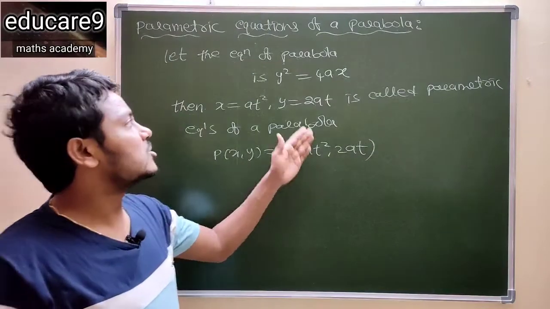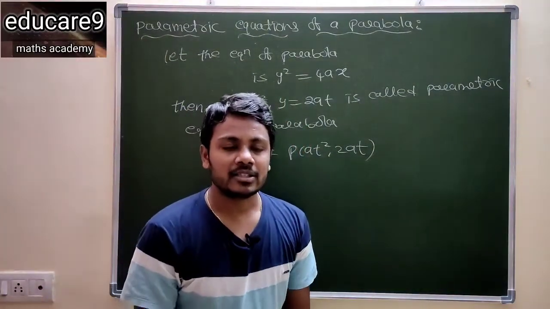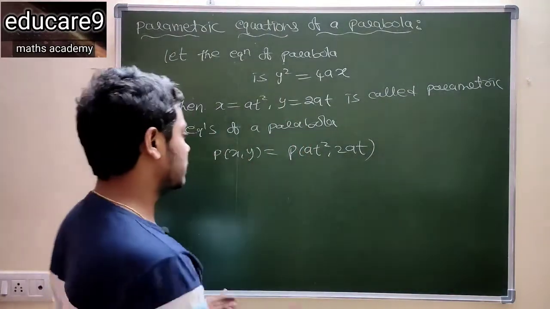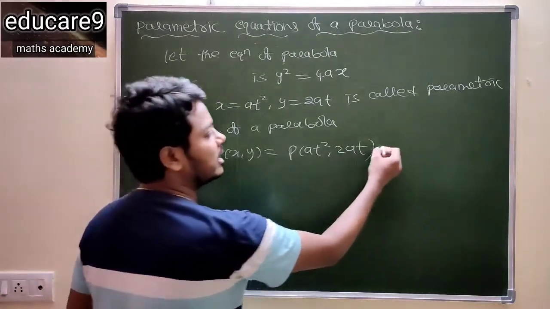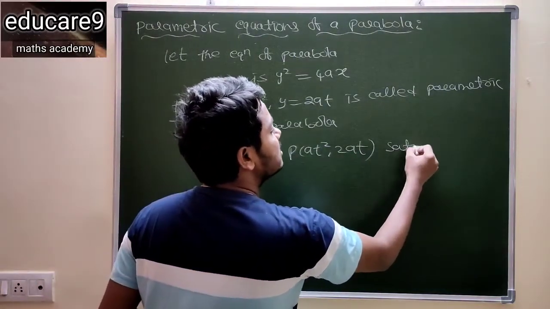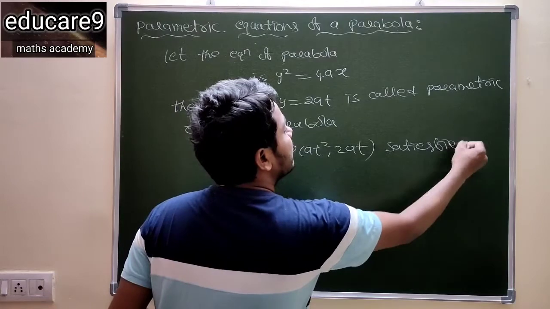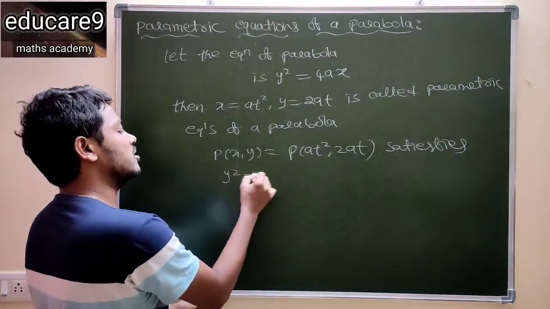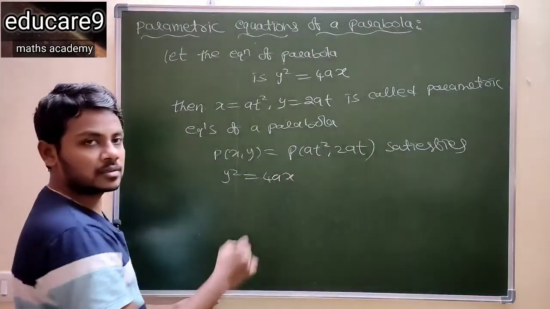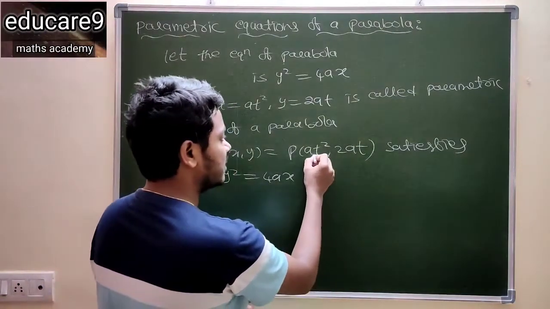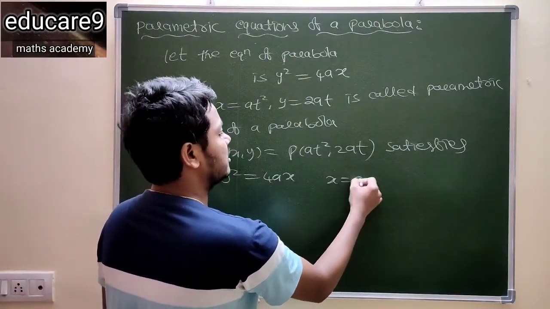So these points satisfy the standard form of a parabola. P(at², 2at) satisfies y² = 4ax. So see here, x = at².